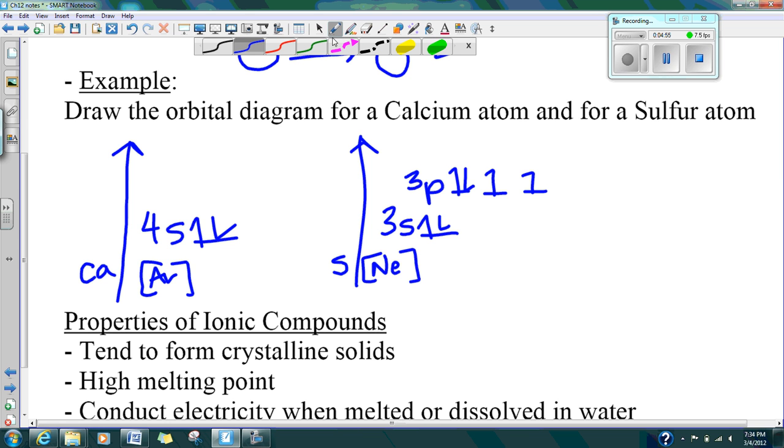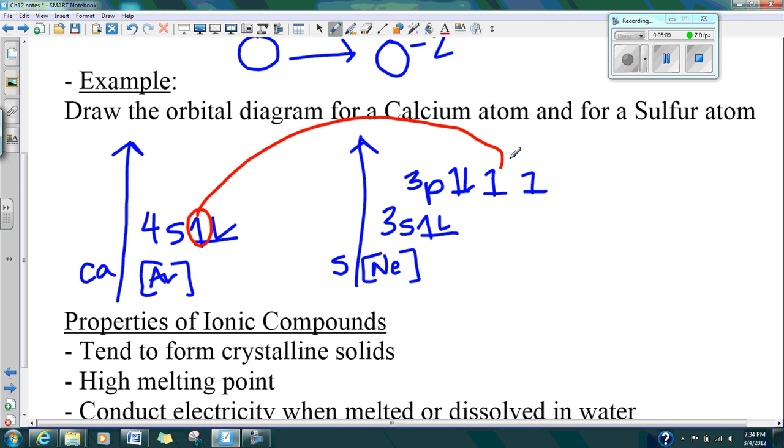And so remember Hund's rule, they all have to be parallel spin first before they can be paired up. And if we want to take a look at what's actually happening here, calcium is going to be our metal, so that means it's going to be a cation. It's going to want to transfer both of these electrons so that it can get to argon's configuration. And so that electron's going to fall nicely into that p orbital.